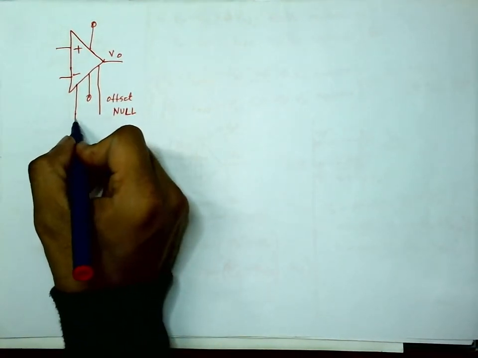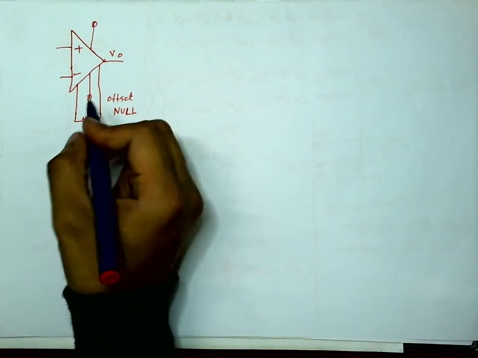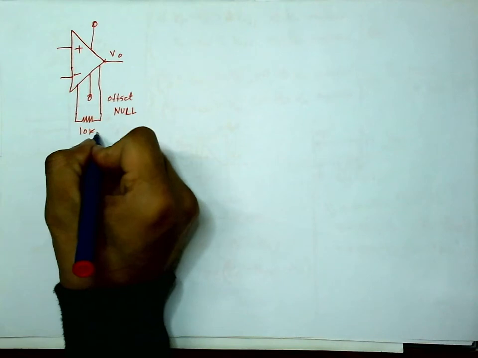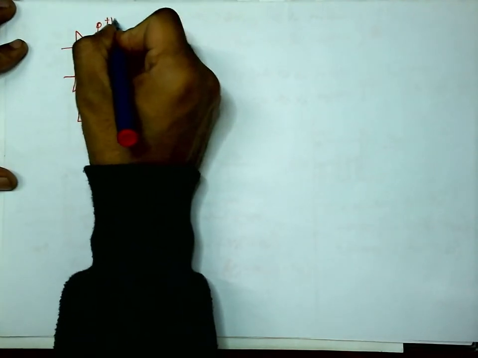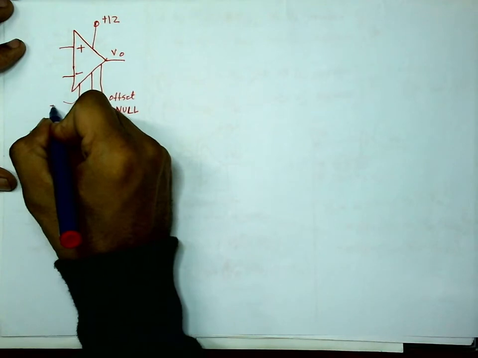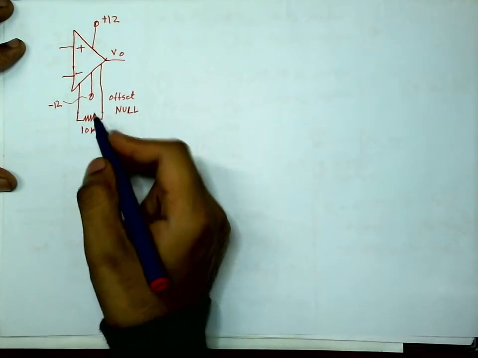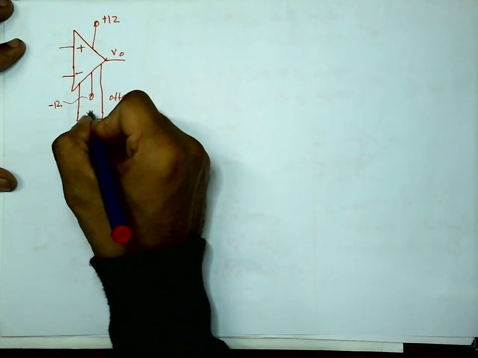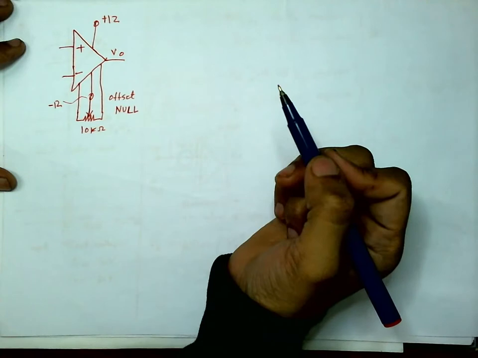And what you can do, you can connect something like a 10 kilo ohm potentiometer, and generally we give, say, a plus 12 volt supply here and a minus 12 volt supply here. Connect this potentiometer here and connect the variable terminal of this potentiometer to this minus 12 volt supply.